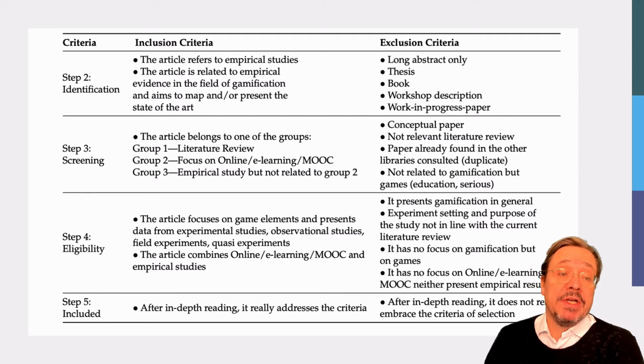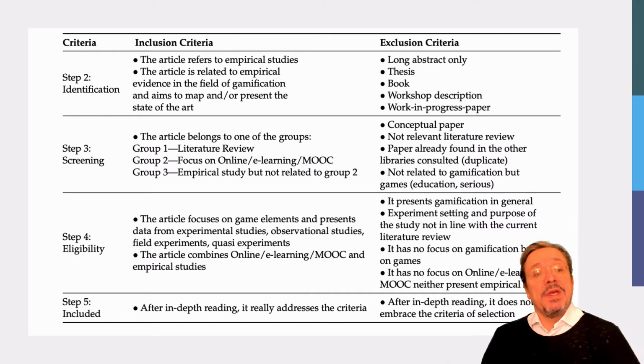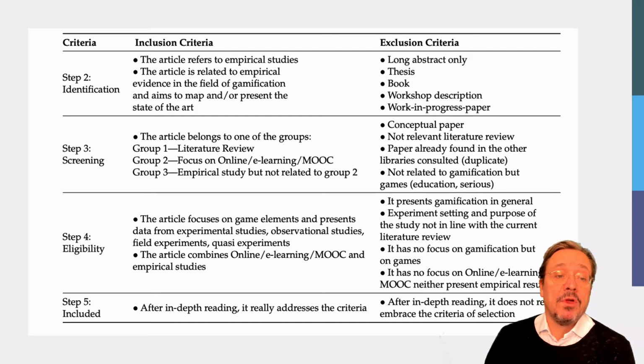And this is one example. Exclusion criteria might be that you only want journal publications, for example. So you exclude all theses, all books, all workshops, all work in progress. You want published, solid research on your topic. You exclude, for example, also conceptual papers, not published, and so on and so forth.